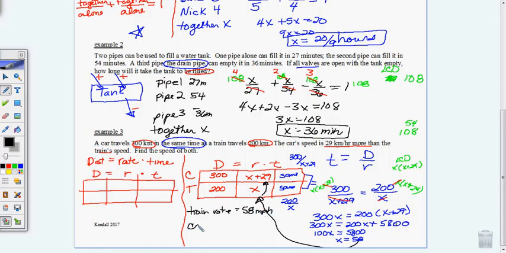The car rate is going to equal 58 plus 29, which is 87 miles per hour. I'm sorry, kilometers, not miles, km per hour. So you need to make sure you come back and you answer the question.